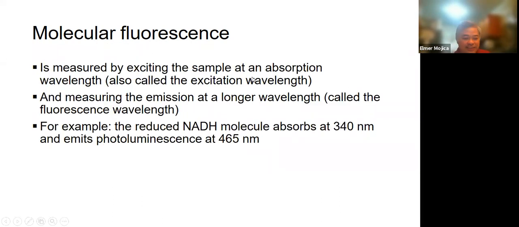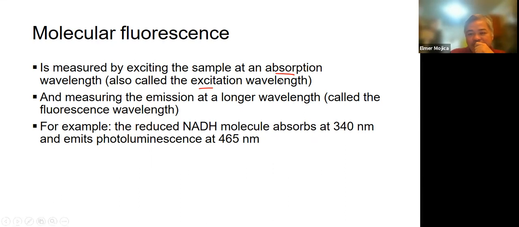And it is measured by exciting the sample at an absorption wavelength. So if you look at this, absorption and excitation are just the same. The only difference here is that if you have a fluorescent sample and you excite it, it will yield fluorescence.